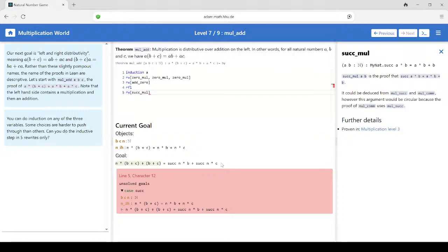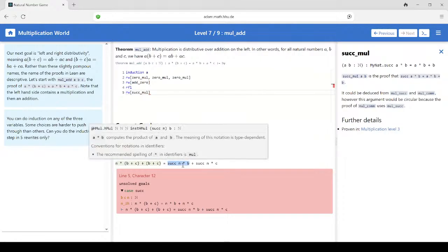This one is certainly giving me trouble. We could turn the successor of n times b into... That would turn this into n times b plus b, right?